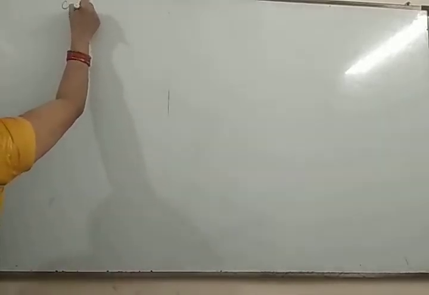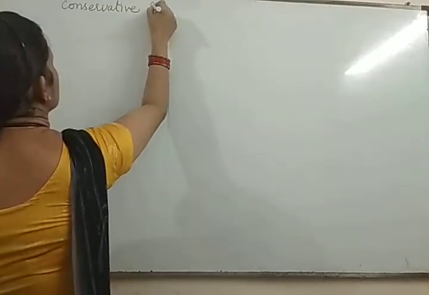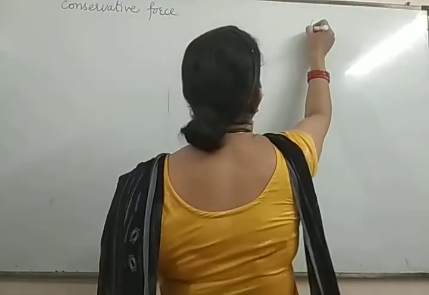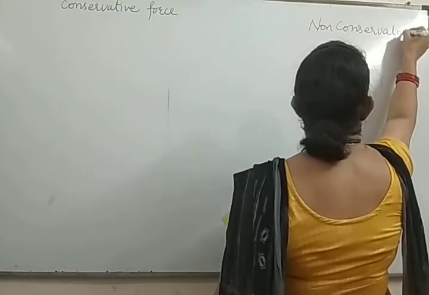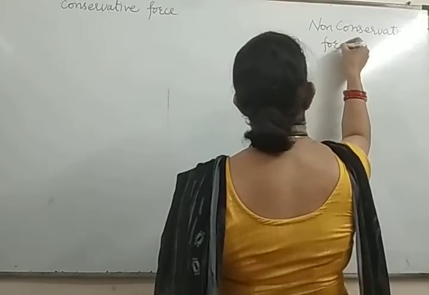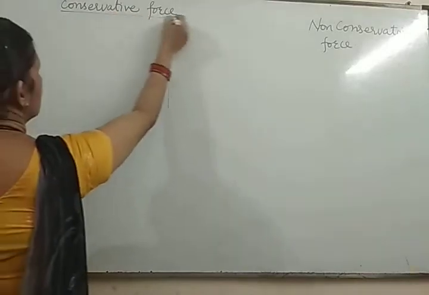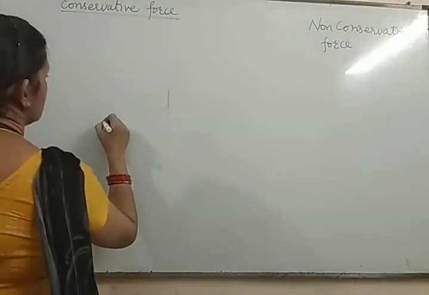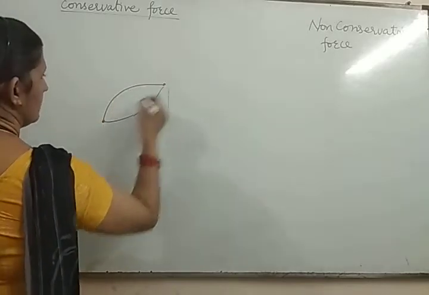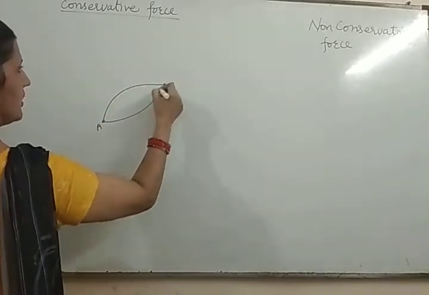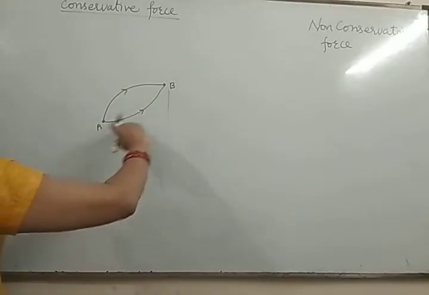Now the next topic is conservative force and non-conservative force. Let us study first the conservative force. Suppose an object is moving along these two paths from point A to point B, and we have to calculate the work done along these two paths.